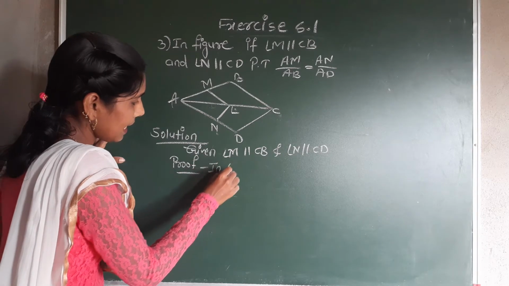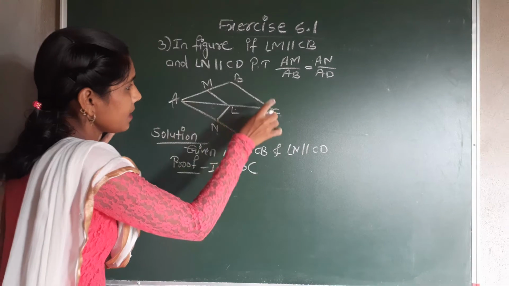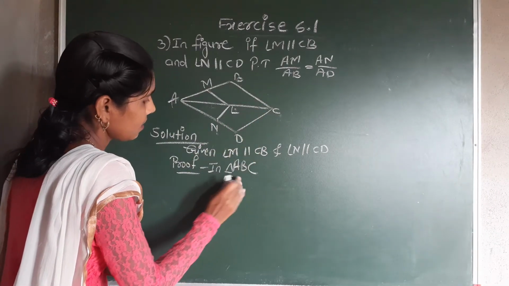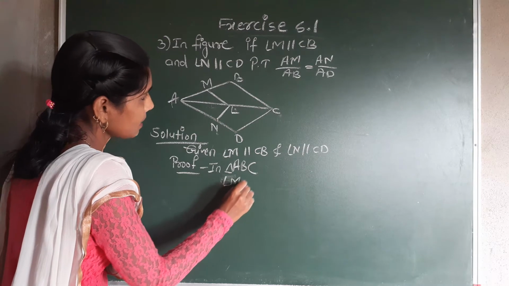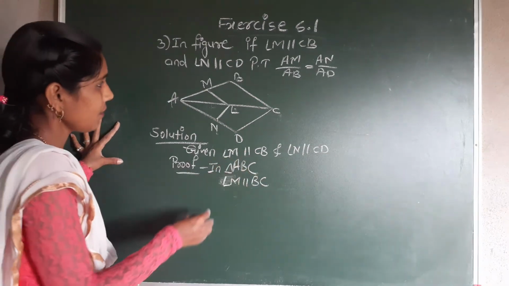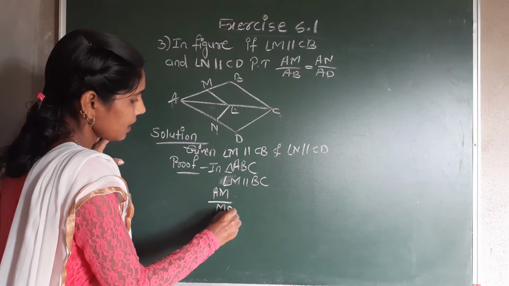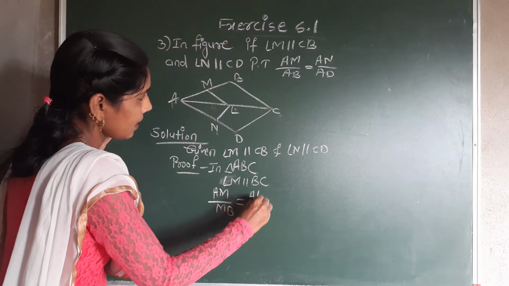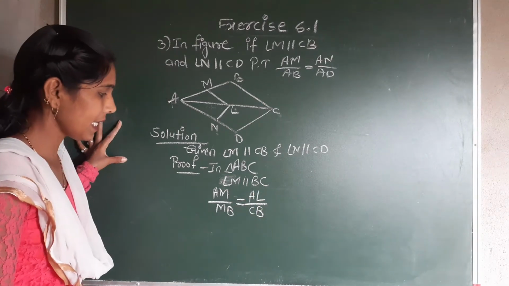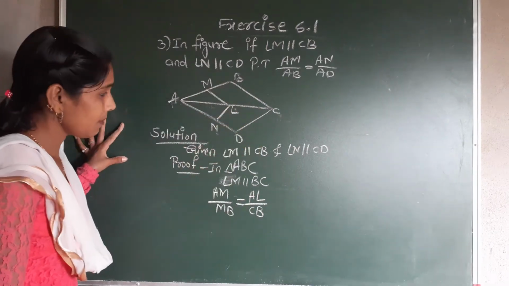In triangle ABC, here LM is parallel to BC or CB. We can write here AM divided by MB is equal to AL divided by CB.